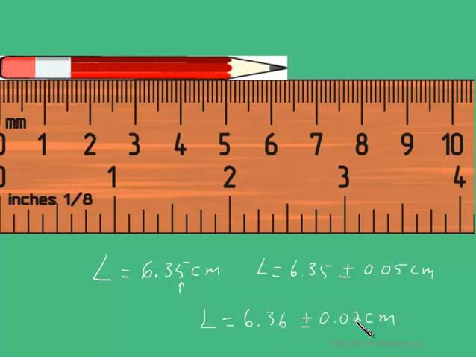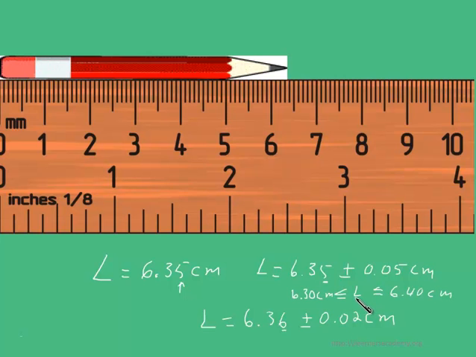Of course, some other experimenter might claim 0.01. The point is that in both these cases, this digit is uncertain. So let's make sure we understand what these two statements are saying. In this case, the experimenter is saying that the length of the pencil is between 6.3 and 6.4 centimeters.